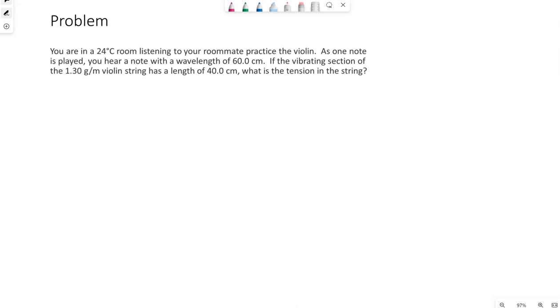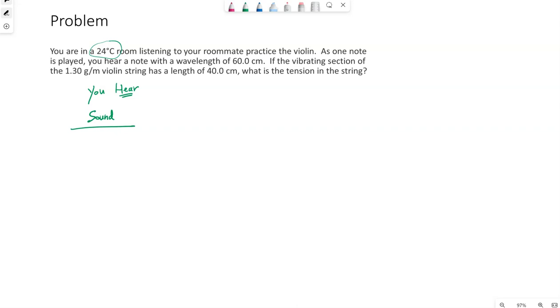Okay, we have two separate things going on here. You are hearing, meaning there's a sound wave that you are listening to. That sound wave depends upon the temperature of the room.